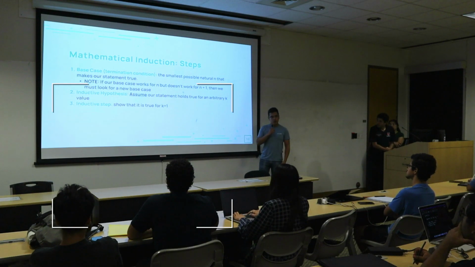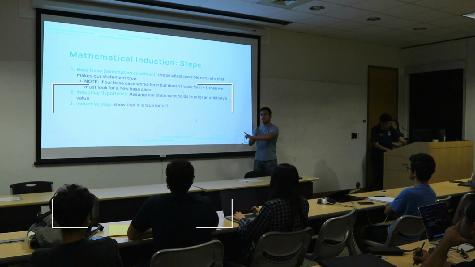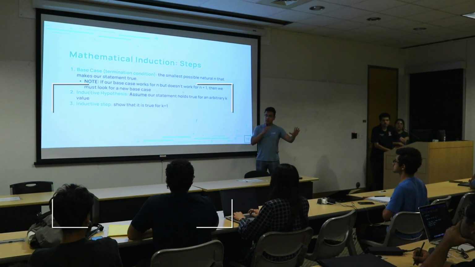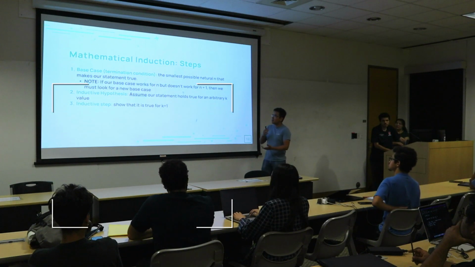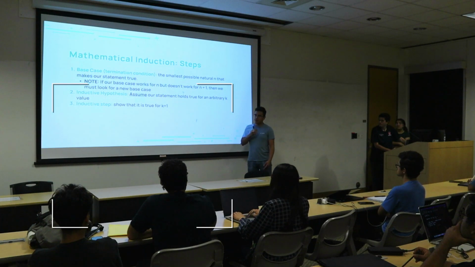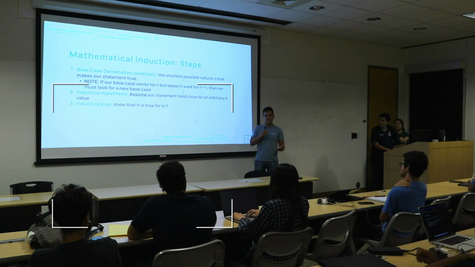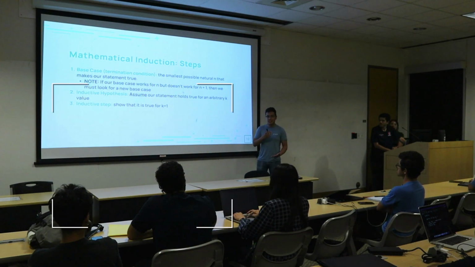A little warning though: if we find a small natural number n that's true, but the next value, say n plus 1, makes the statement false, then we need to find another base case, because that would mean our proof is false. For example, let's say that 1 is our base case, but then 2 doesn't work, then we need to find another base case.